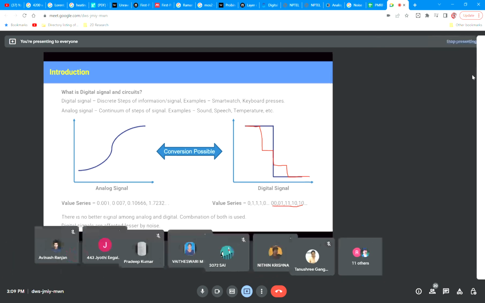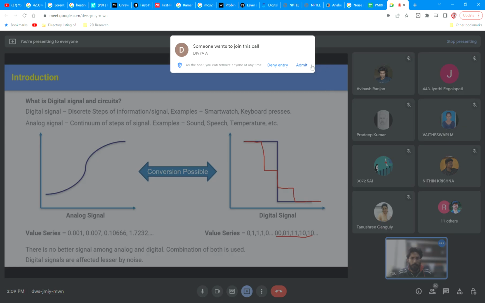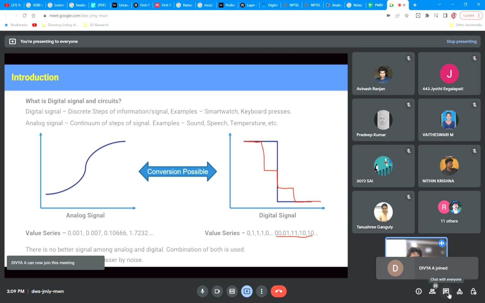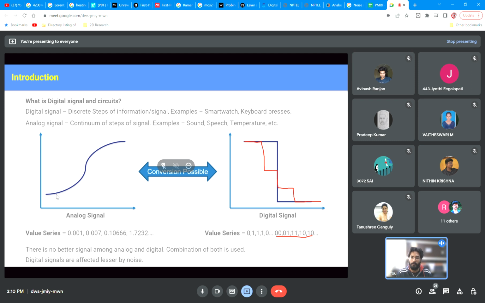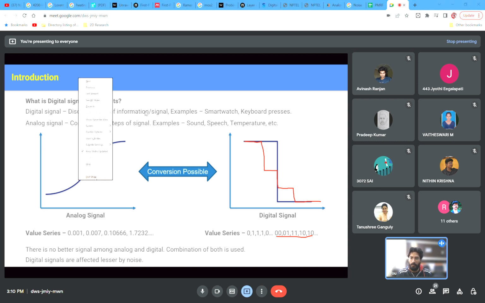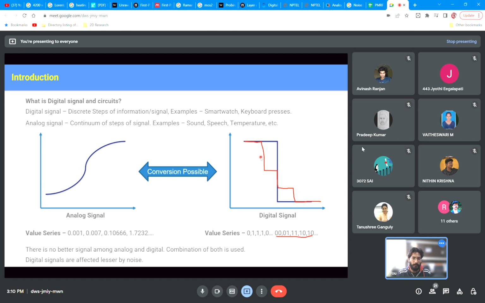I hope you are receiving these messages in the chat box. If unmuting is not possible and you don't want to speak up, you can still type. The thing I asked was, why do we need to convert between analog and digital if analog is a continuum of values, and if it is good enough, why is there a need to convert it into a digital signal? Anyone?